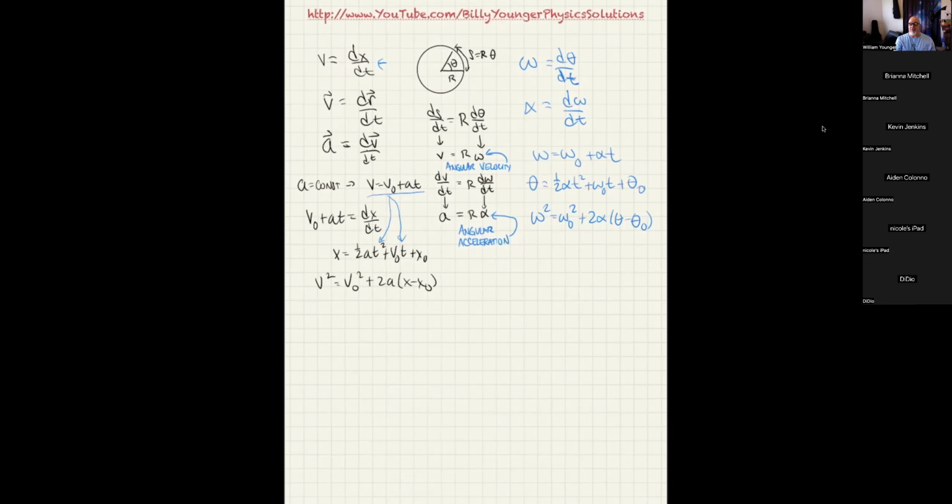And if it has an acceleration in meters per second squared, you're going to replace that with radians per second squared. Now, all of these equations will always work with radians, but to be honest with you, a lot of times it's going to work with degrees, or with revolutions or cycles, that sort of stuff.